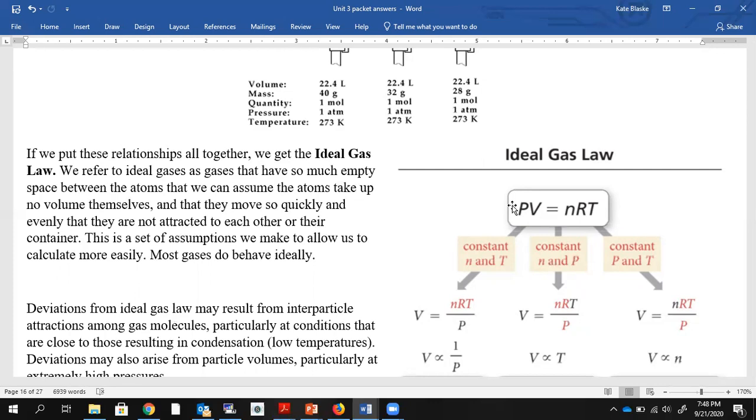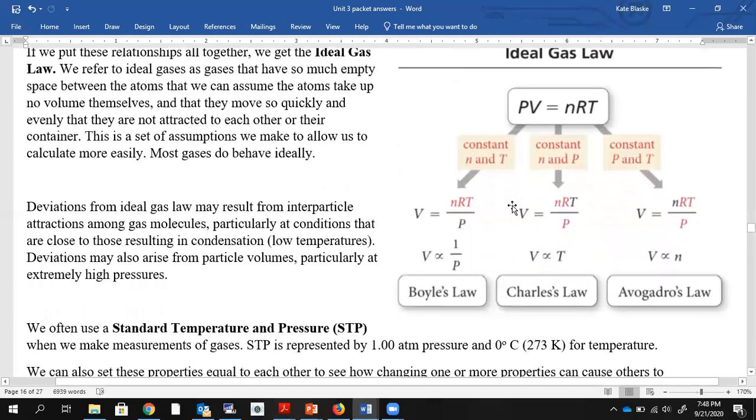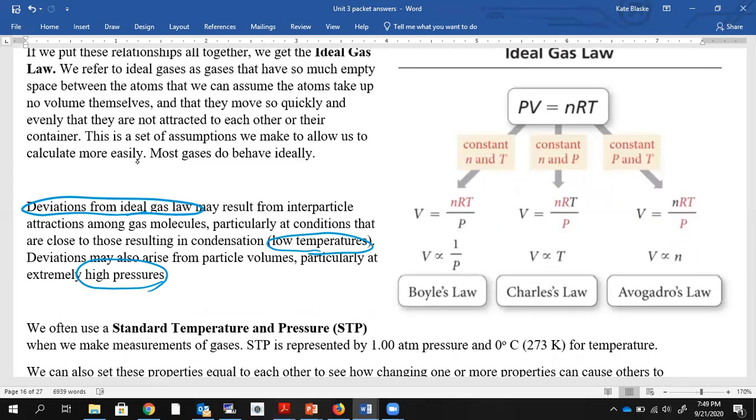The times it does not work, and this is something that we need to know, when things deviate from the ideal gas law, are when we are at extremely low temperatures, meaning that those particles are not moving fast enough to be able to avoid having any intermolecular forces, or if we are at extremely high pressure, meaning those particles are crammed in close enough together that we're either getting really close to condensing that gas into a liquid, or the space in between those gas particles is now small enough that the volume of each individual particle is going to affect what's going on.